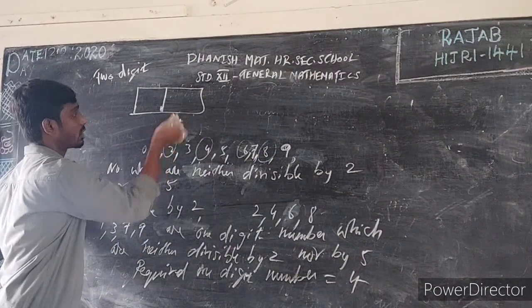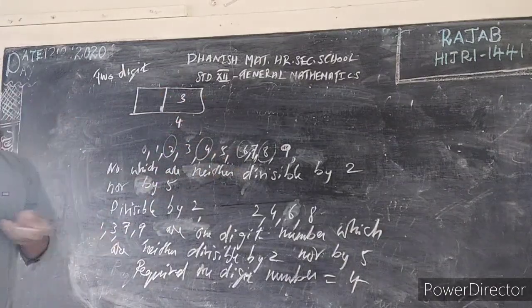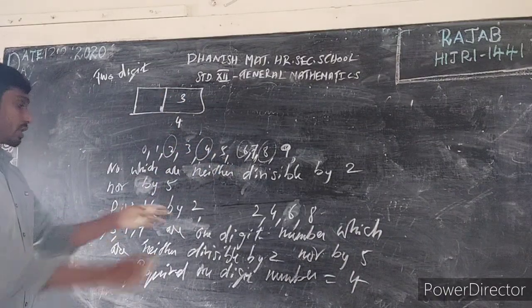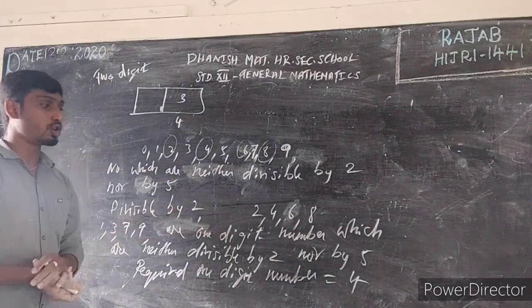So the unit place has 4 ways, because these digits are neither divisible by 2 nor by 5.